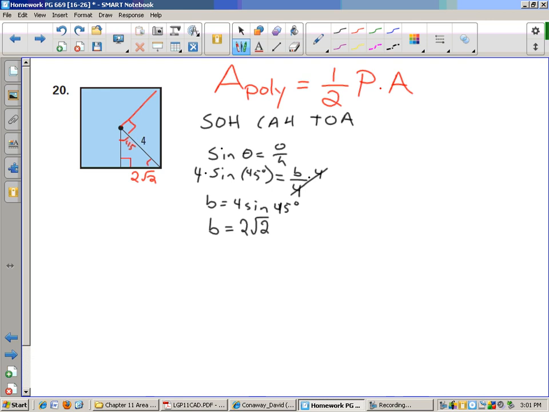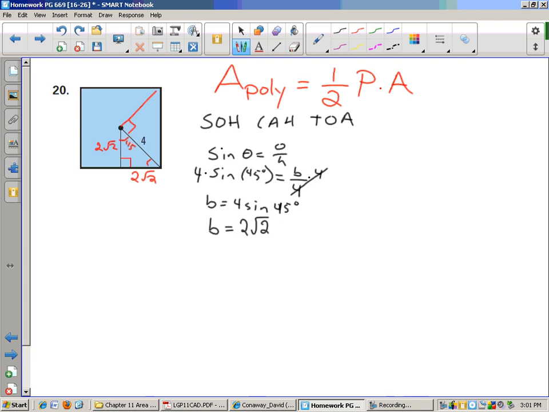Because you have 45, 45, 90. And if they're isosceles, what do you know about 2 of their sides? They're the same. So if this is 2 root 2 on the bottom, then this one over here is 2 root 2 because they're isosceles. Okay, so 2 root 2, 2 root 2, and 4.